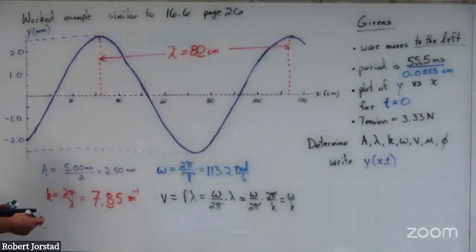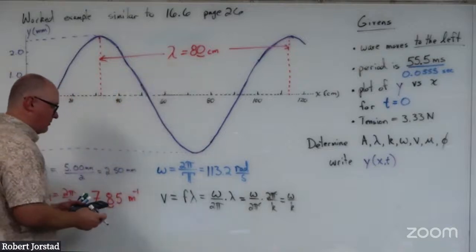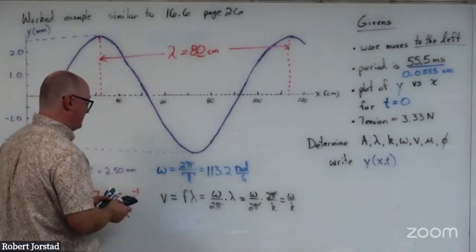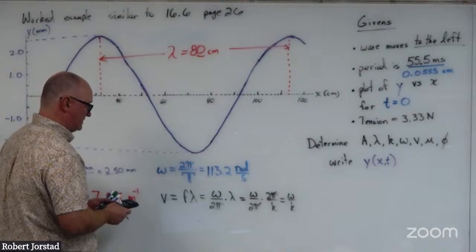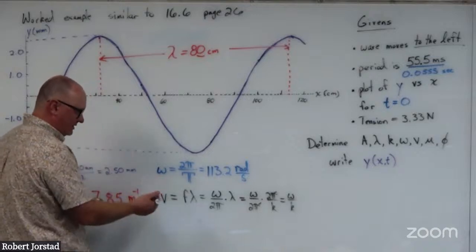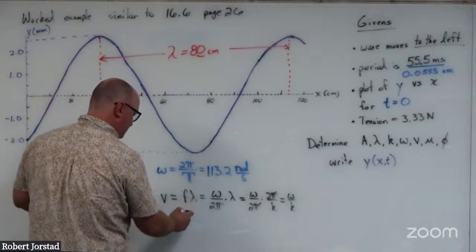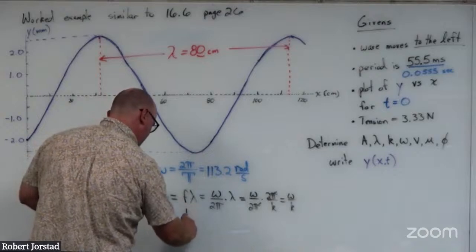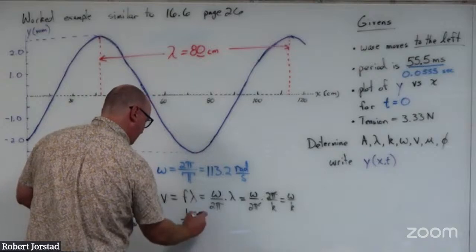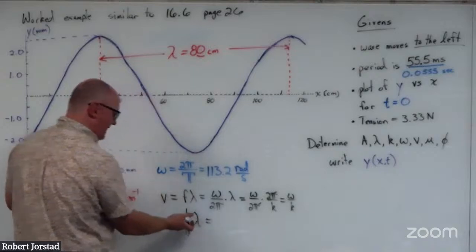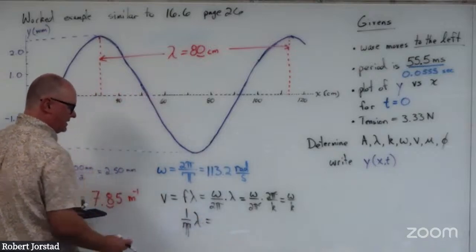We should probably use the one that's got less rounding error. So maybe that's this 80. So maybe I will do it the first way. Well, I guess you could also do it this way. Frequency is 1 over the period, and then wavelength we know. So this will have the least rounding error, right? So maybe we should do it this way.